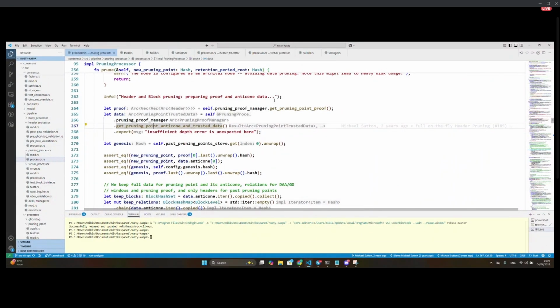I mean, you have it in the... So not exactly. Each block can easily access the anticone of, for instance, its selected parent.